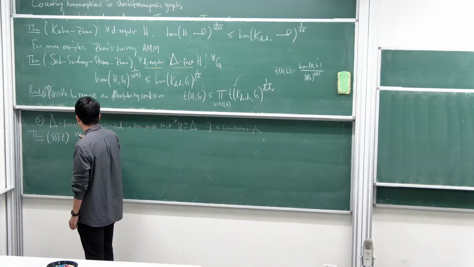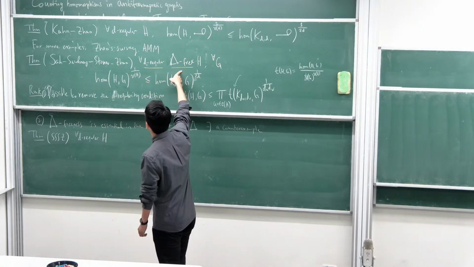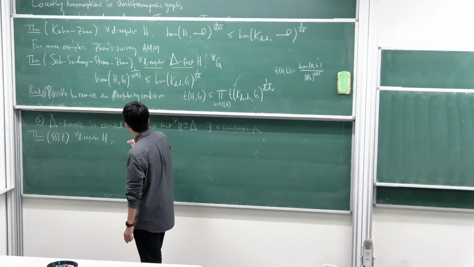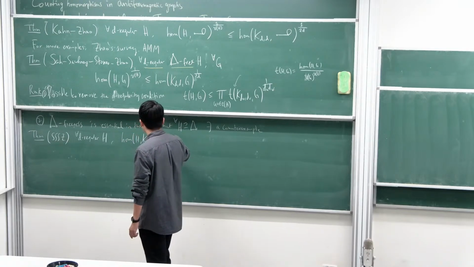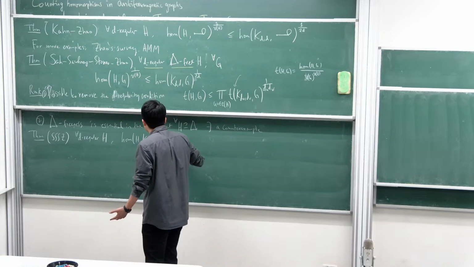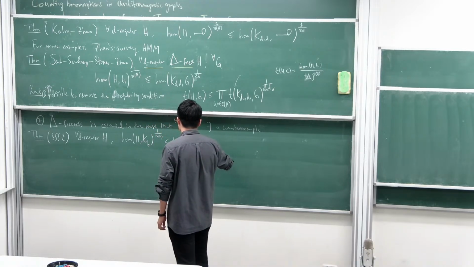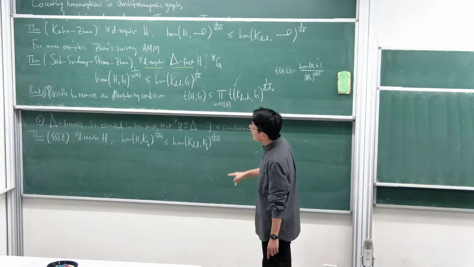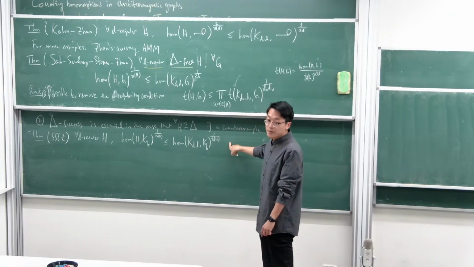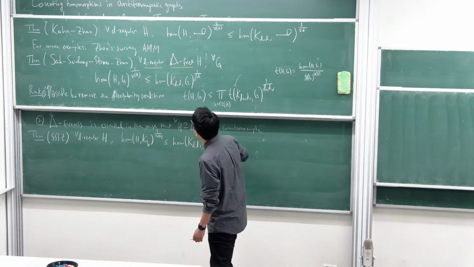For any D-regular H, even without the triangle freeness condition, what you can say about the Q coloring counts is just the same thing. The complete bipartite graph is the maximizer for the Q coloring. For this, you don't really need the triangle freeness condition because you are using a very specific target graph.